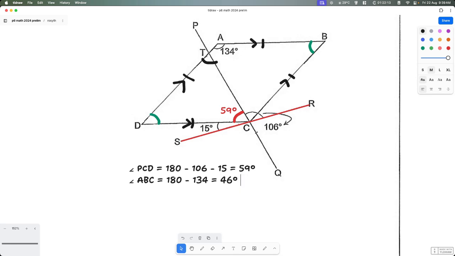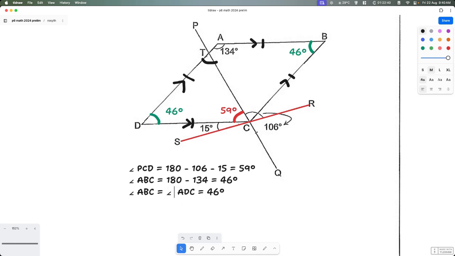Okay, so the green angle over here is 46 degrees. That means the opposite angle as well is also 46 degrees. Okay, so angle ABC is 46, and that means angle ADC is also 46 degrees, right?